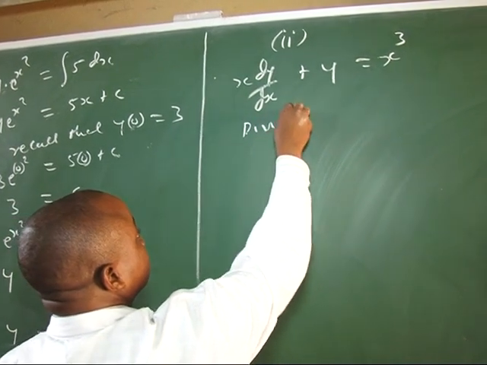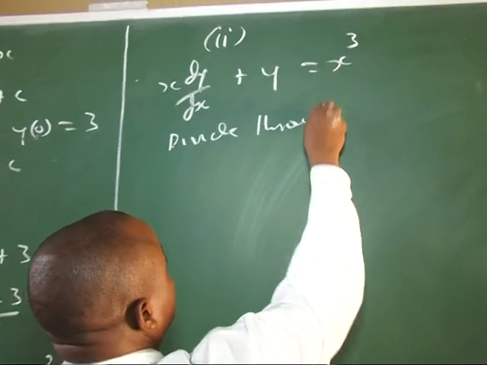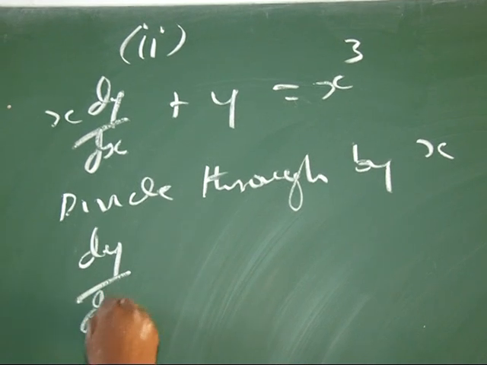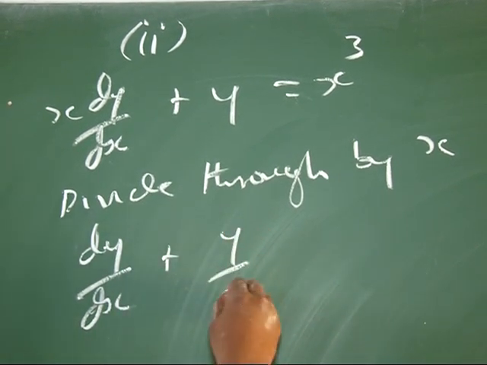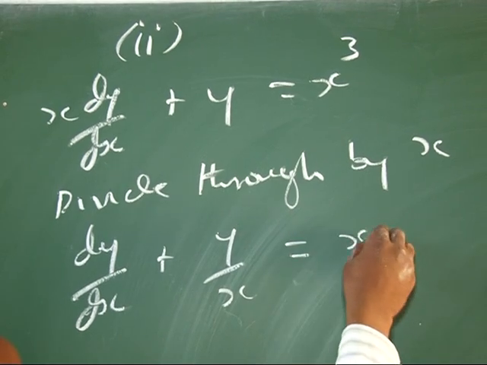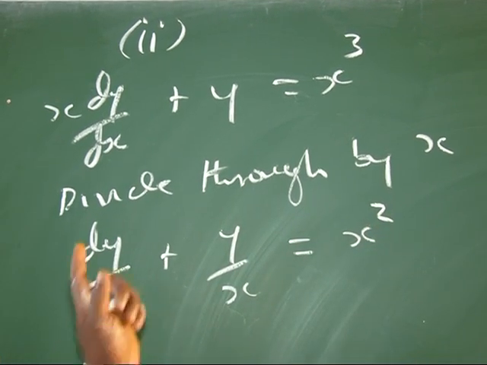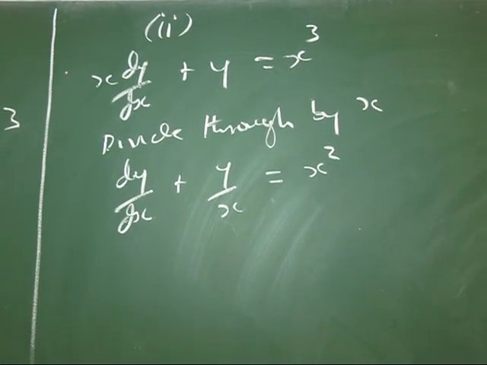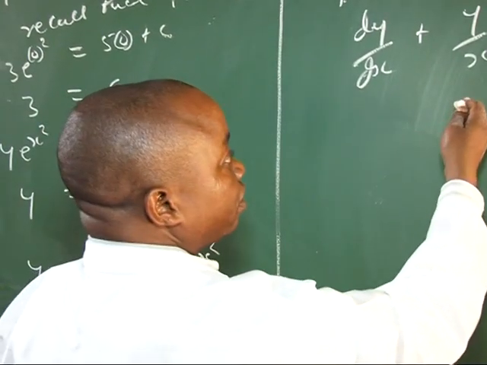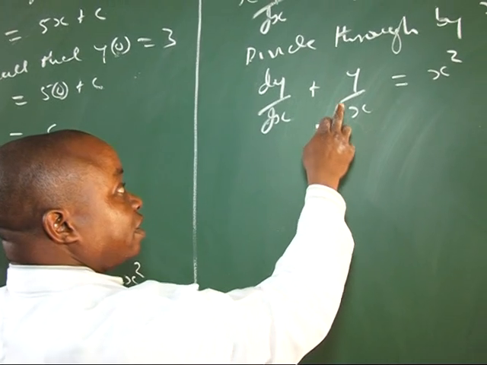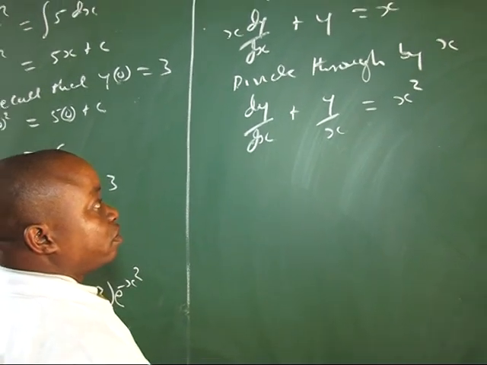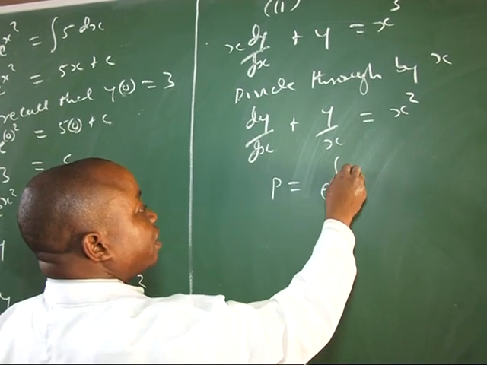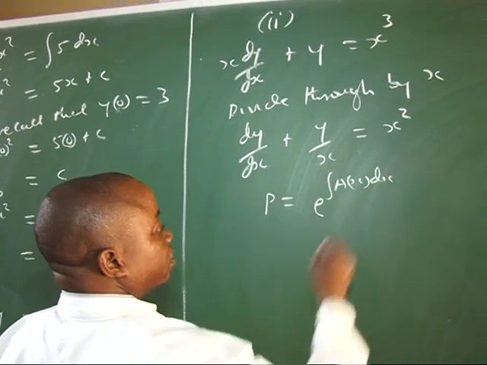So dividing through by x, we'll have that dy/dx plus y over x is equal to x squared. If you divide through by x, it's going to become x squared. Right. Now here, we have to recognize our integrating factor, which is given by exponential integral a of x dx.